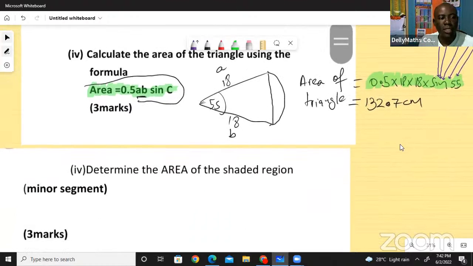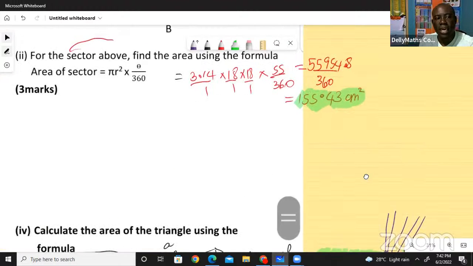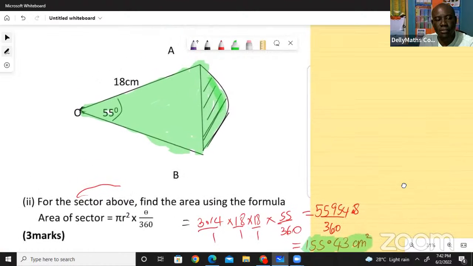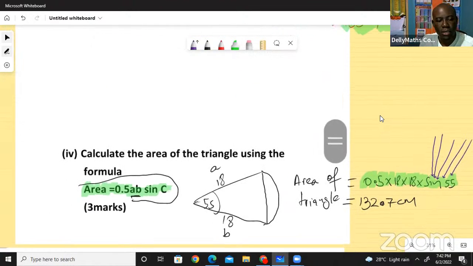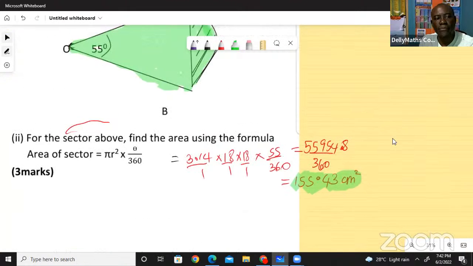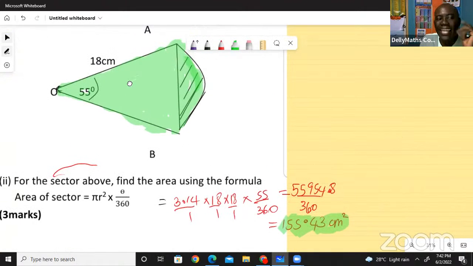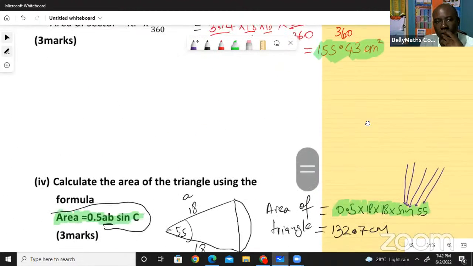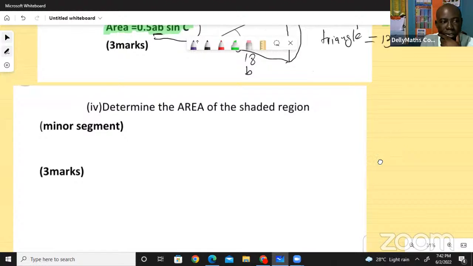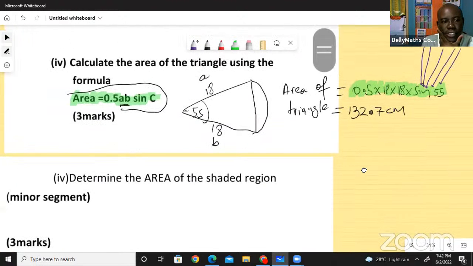Now watch this. Determine the area of the shaded region. So they're saying, look at this. We found first the entire thing. Then we found the area of the triangle. So let us look. First thing that we found was in red, we found everything.